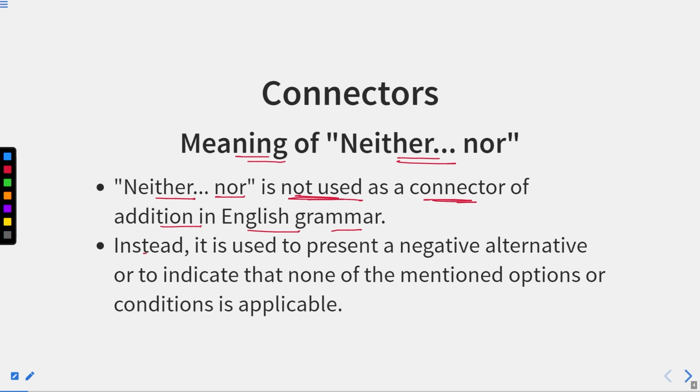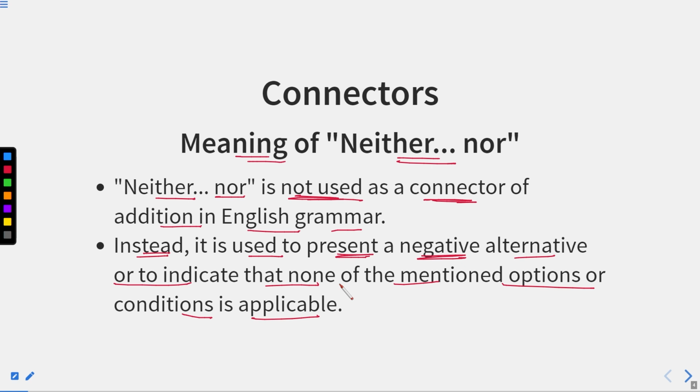Instead, it is used to present a negative alternative, or to indicate that none of the mentioned options or conditions is applicable. Whenever we have two options, but we don't want any of them, we can use neither nor.